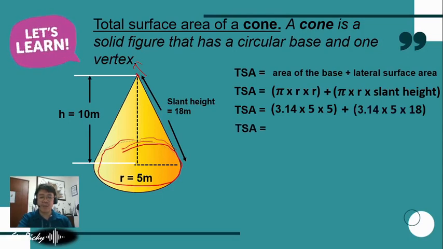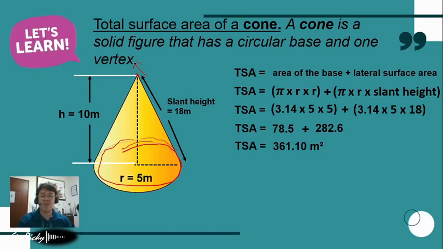TSA is equal to 3.14 times 25, which is 78.5, plus 3.14 times 5 times 18, which is 282.6. So if we add the area of the circular base and the lateral surface area, that will be the total surface area of this cone, which is 361.10 square meters.